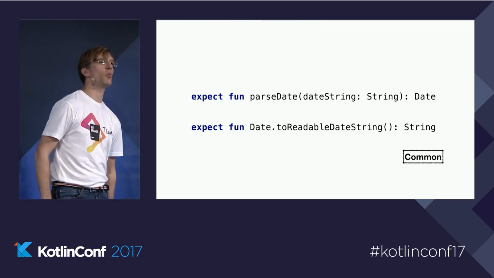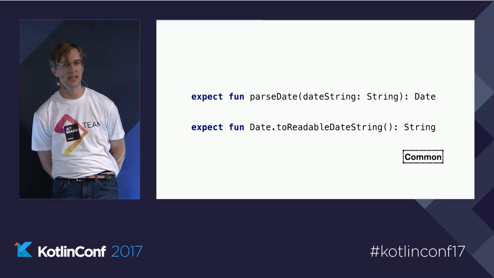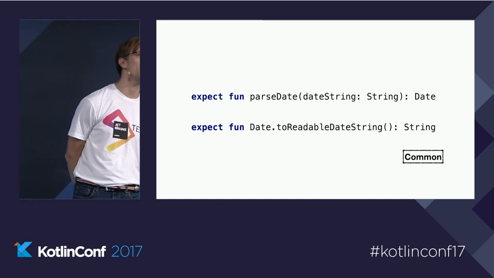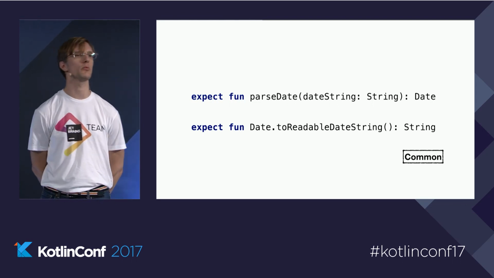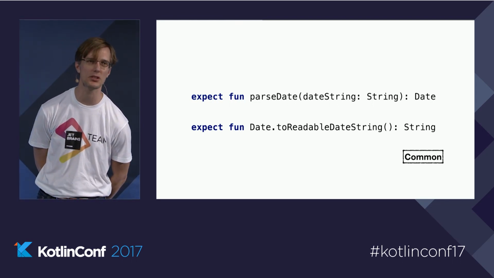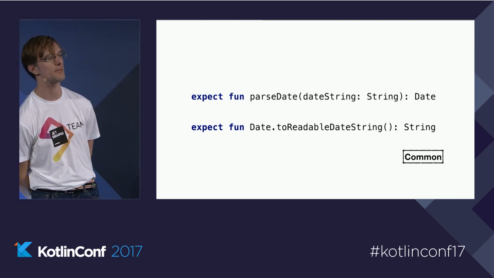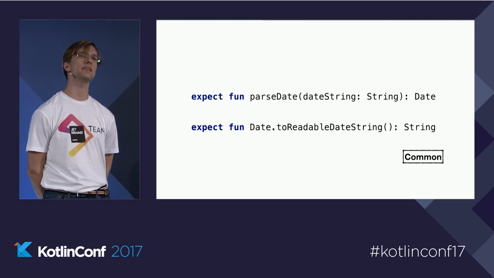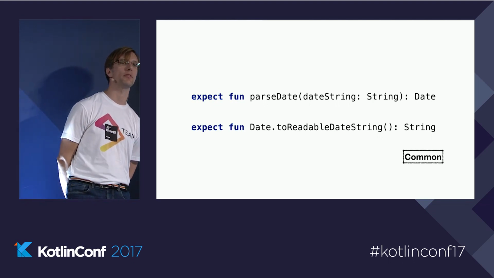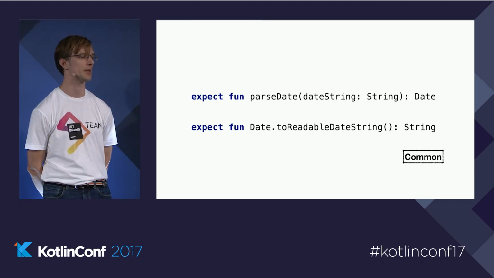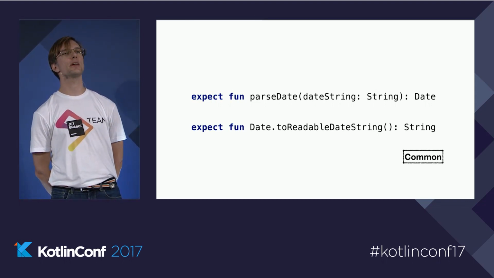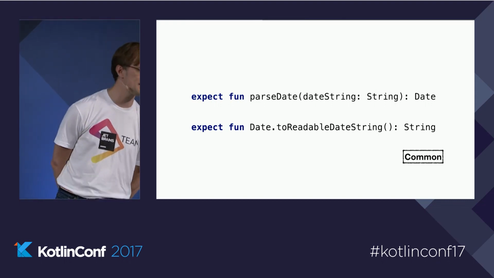So why did we not just go with interfaces? Why did we come up with all this expect actual thing, which on the first glance seems a little bit more complicated? The answer to that is that it gives us much more flexibility in terms of the kind of APIs that you can provide. So it's not restricted to classes.